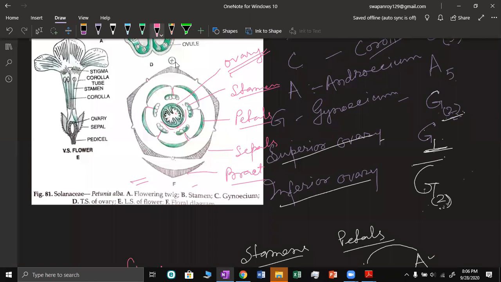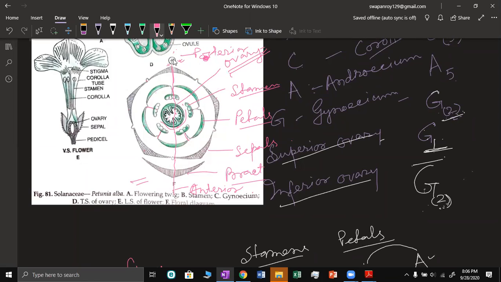And again, one thing is here. See, at the top, there is again one plus sign. Either you can put a plus sign within a circle, or you can darken a dot exactly above at the top. So actually, this is the anterior posterior line. This one is the anterior part, and this is posterior.